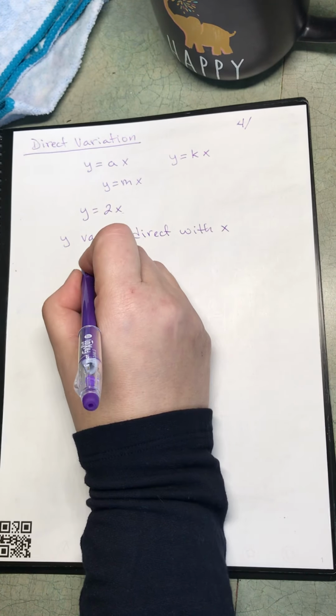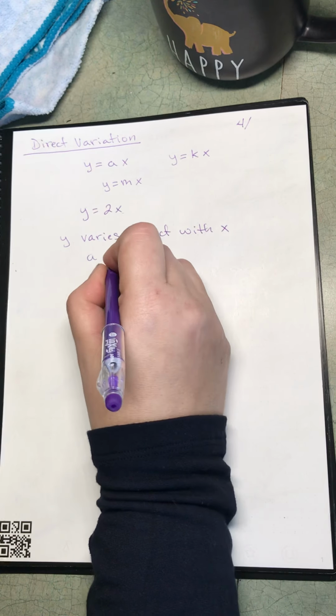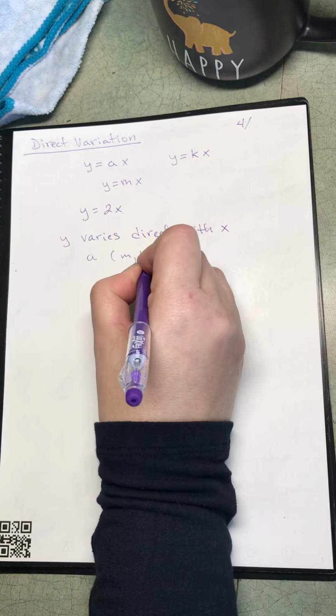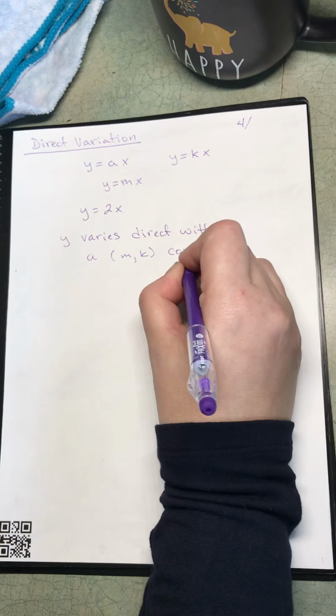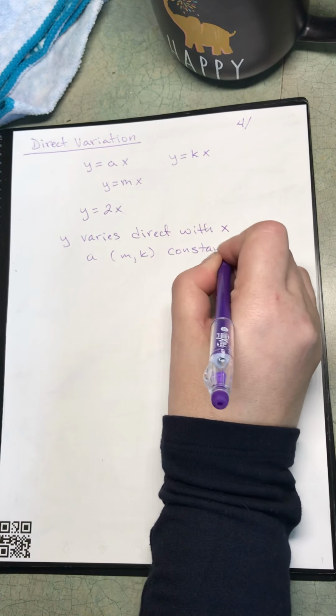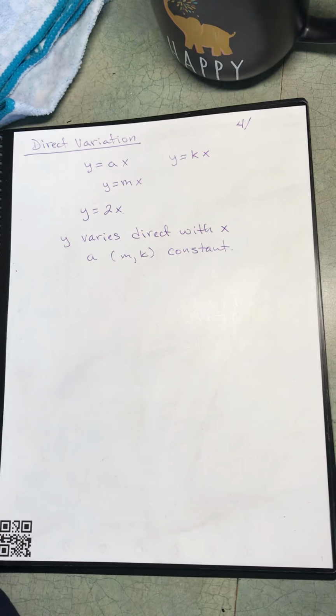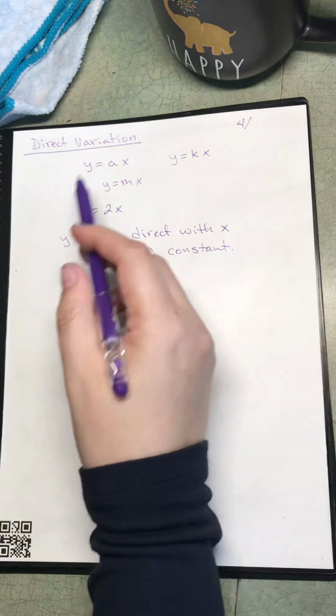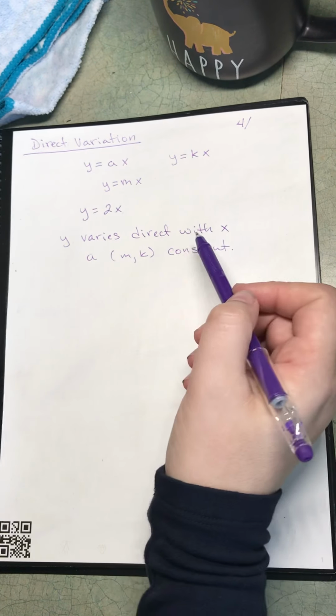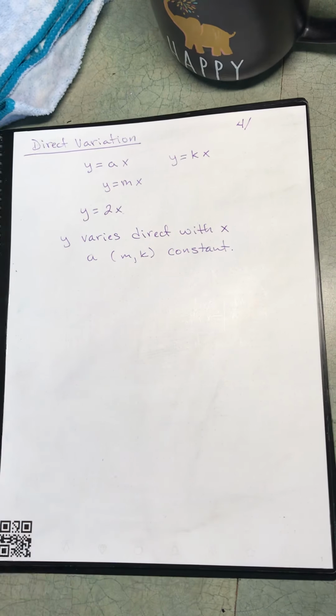And then a or m or k is the constant of variation. We're starting with this concept with something that's more familiar, and then we're going to apply it to new types of equations later.